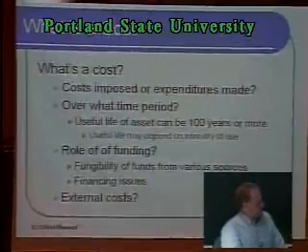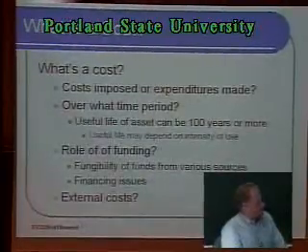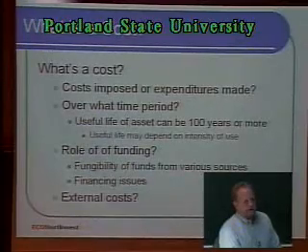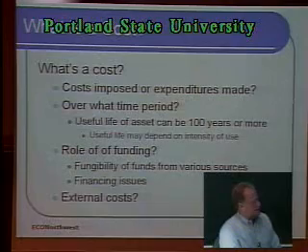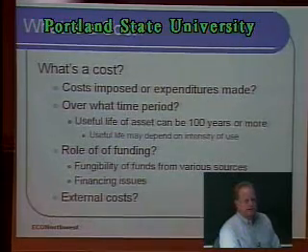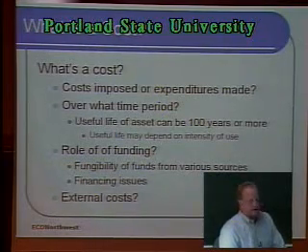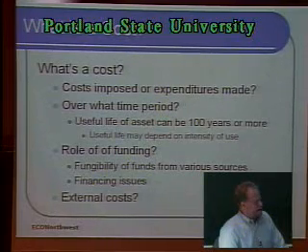Another complication in defining what's a cost is the role of funding. The Oregon Highway Cost Allocation Study is charged with looking at the expenditures of the state's highway fund, which is filled up from user fees on the highway system, the gas tax, the weight mile tax, and so on.